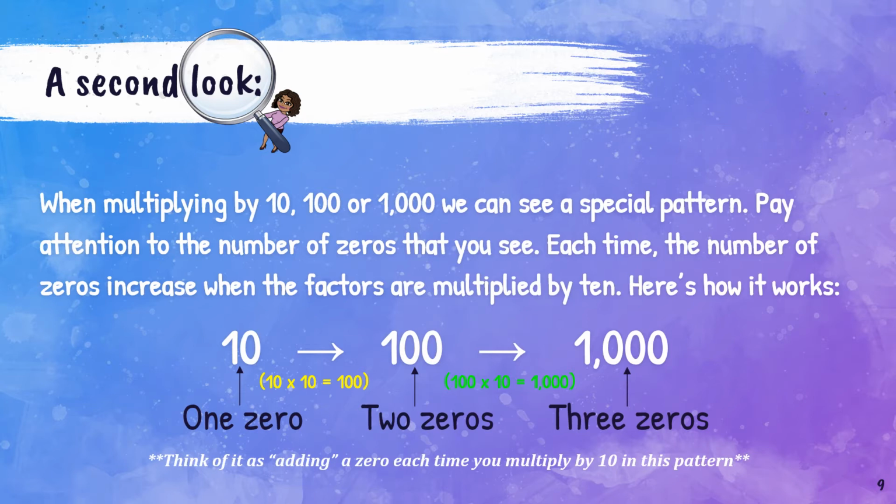And this is because each time we multiply by 10. This means 10 times 10 gives us 100, and 100 times 10 gives us 1000. A simple way to think of it is adding a zero each time you multiply by 10 in this pattern.